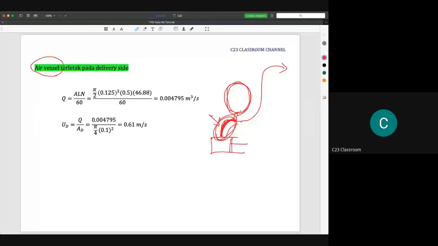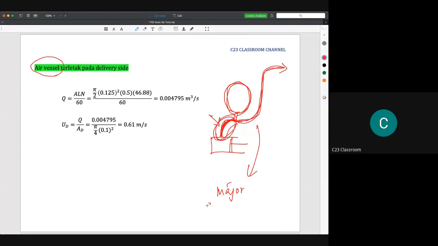The friction head for flow in pipe is a major loss, so to calculate the friction head for the outlet here, please refer to the idea of major loss in flow in pipe.